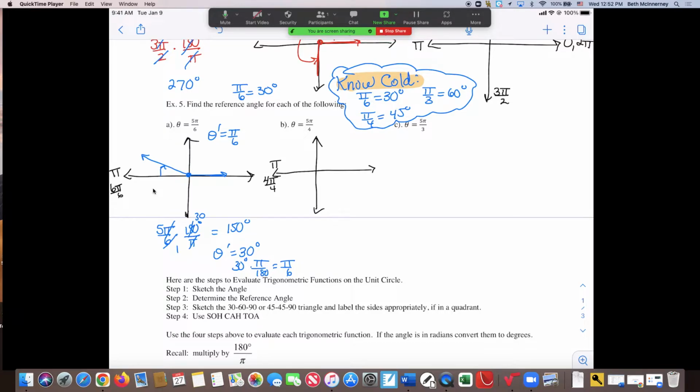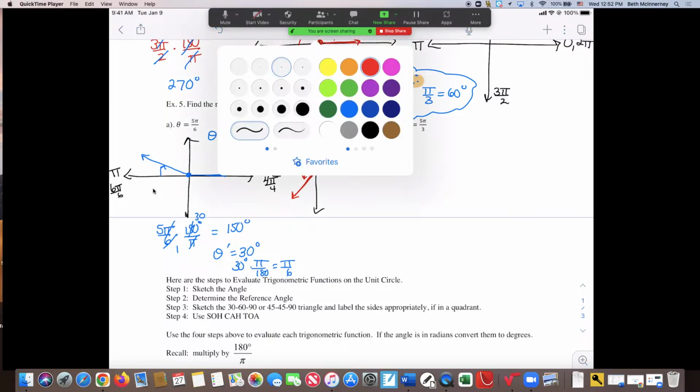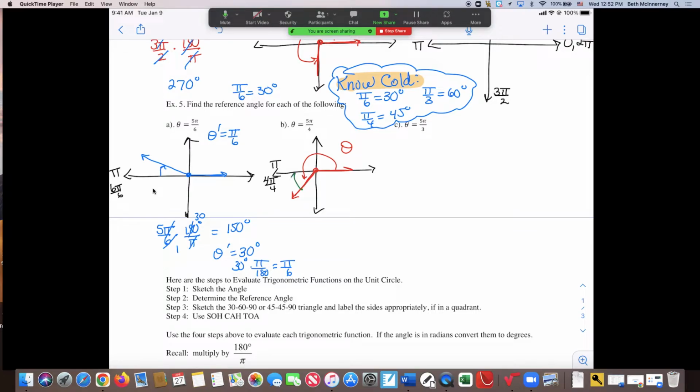In a quadrant, you understand that pi over 4 is 45 degrees, so I'm looking at going 45 degrees or pi over 4 more in. So my angle is going to look like this. It's going to go 1 pi over 4 in. So this is theta, and then my reference angle is theta prime. I'm pi over 4 away.